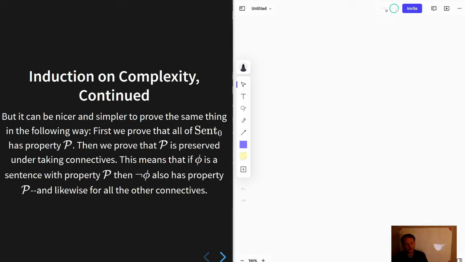We would argue that no matter which one you take, we assume that the property holds for that sentence, and then show that it also holds for a sentence one increment more complex. That is to say, show that its negation also has that property, and also that the property is preserved under taking the various binary connectives. So this is essentially just doing regular induction, but cleaned up for the things that seem to occur over and over when we use it in this particular setting.